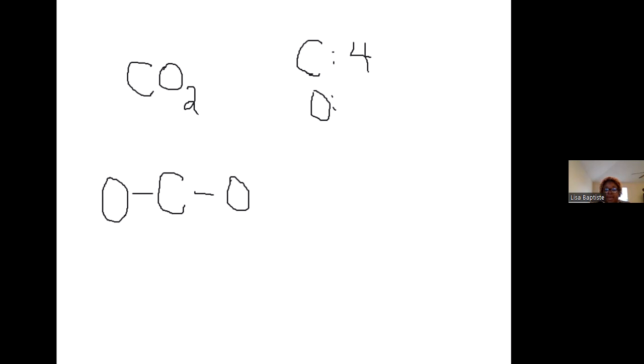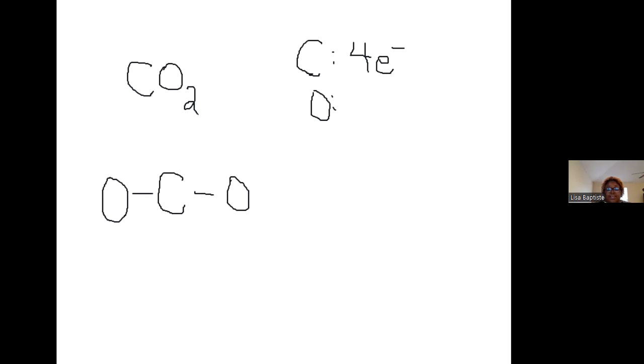And all your main group elements, the group number tells you the number of valence electrons. Your main groups are your A group elements. So if you look in your periodic table, if you look at the top of the column, you have 1A, 2A, 3A, 4A, and so forth, all the way up to 8A. That group number tells you the number of valence electrons.